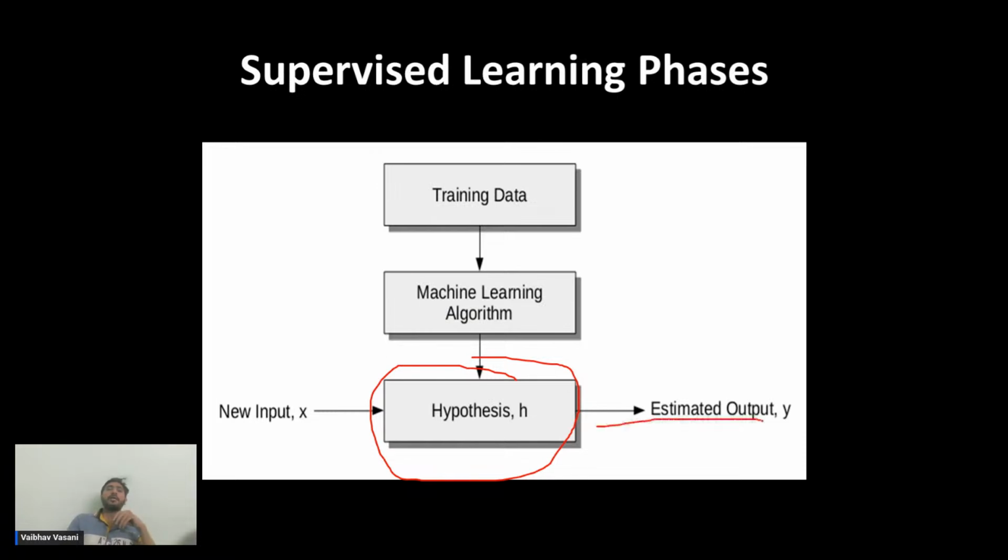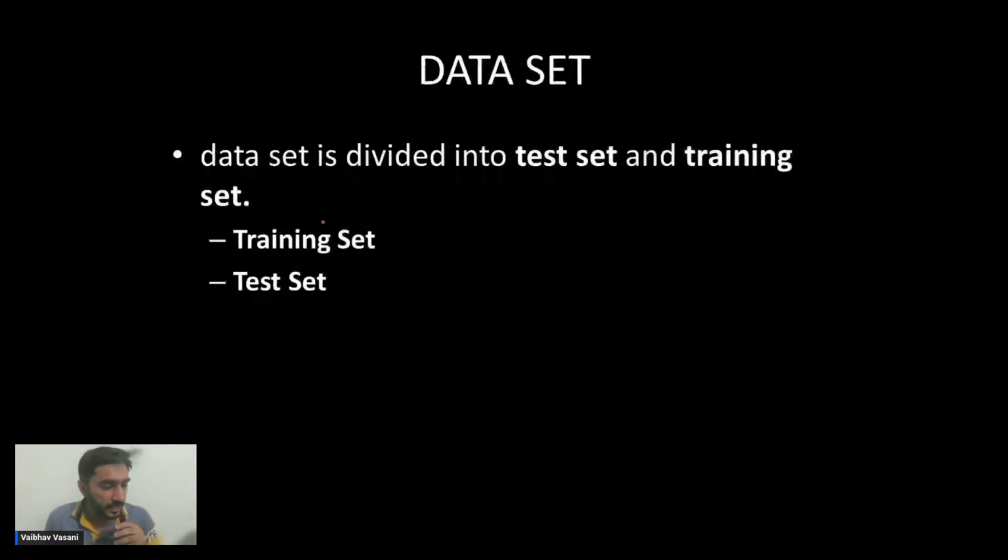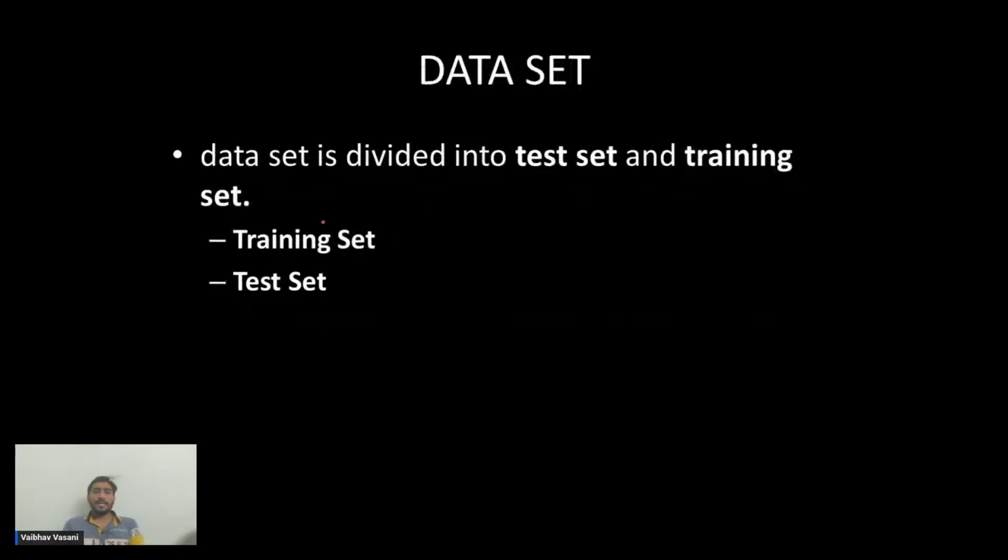A data set is basically divided into two parts: training and testing. Actually, in practice, if you have a large data set, we divide it into three parts: training, testing, and validation.